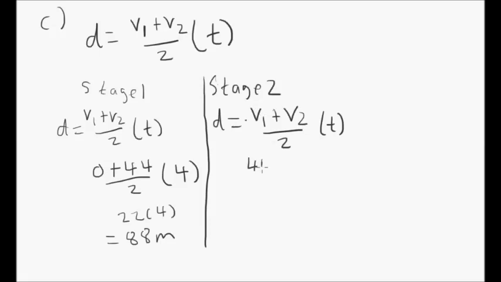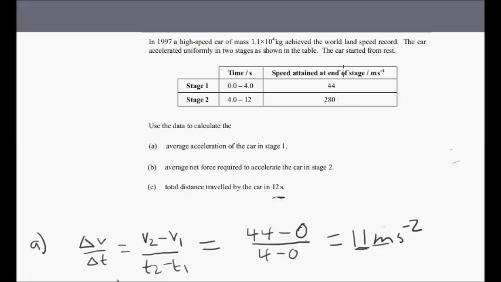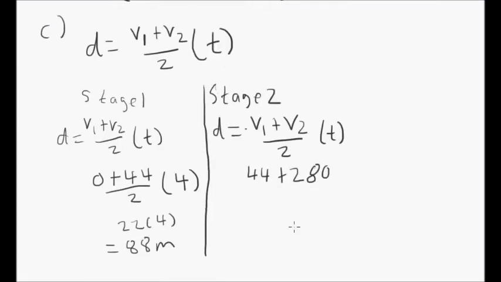Well, we know it's 44. Final velocity is 280. And this is all just information taken from this data right here. Amazing how much you can do with just 4 pieces of data. So 280, yep. And then our over 2 goes there, times the time, which is 8.